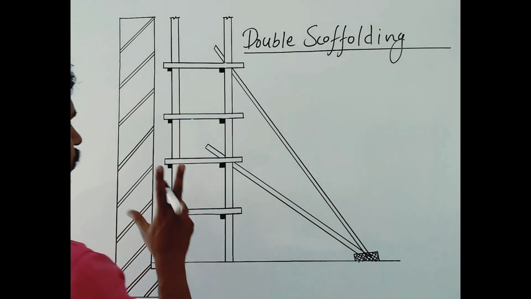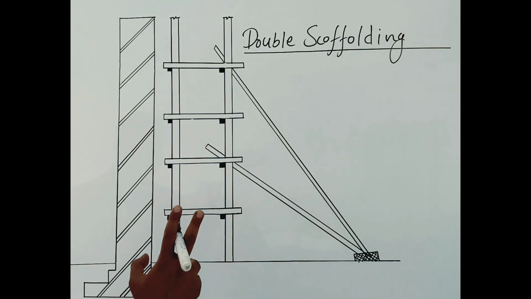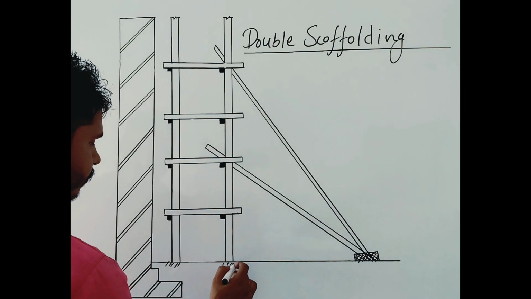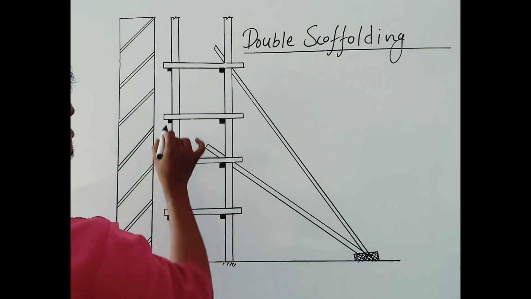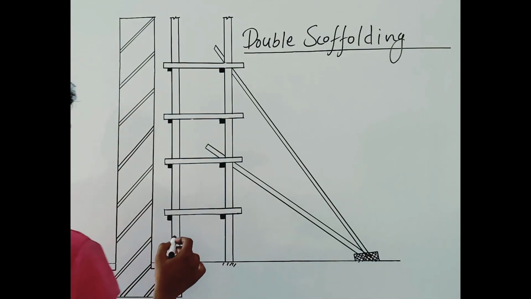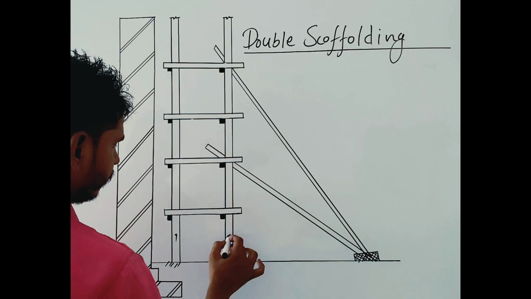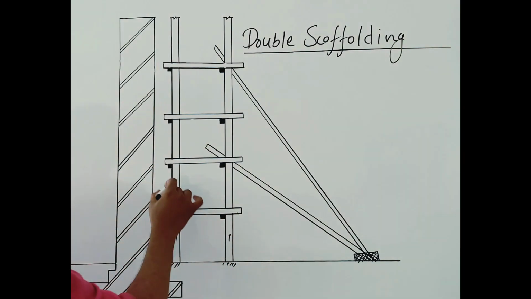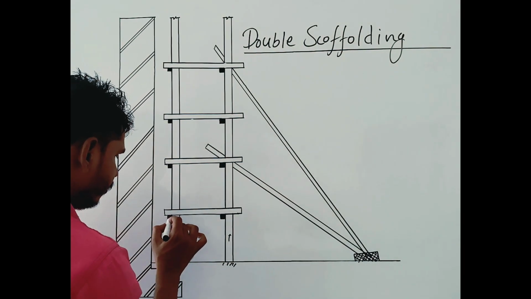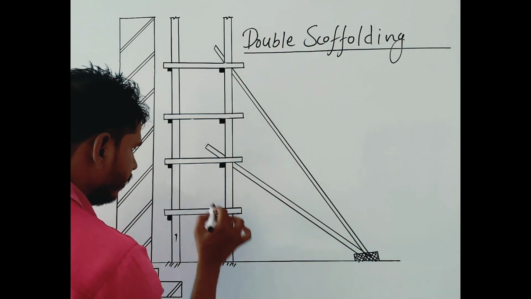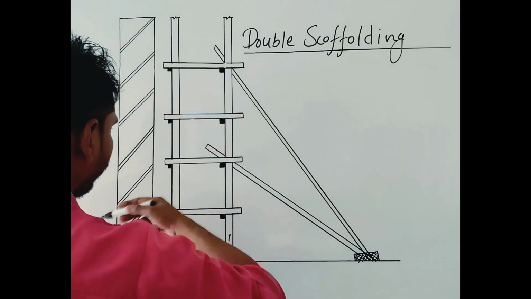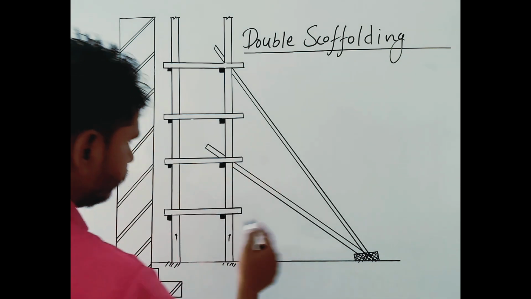Here we use two sets of standards and two sets of ledgers. You know that these vertical members are our standards, and this is our ledger, which is parallel to the wall, a horizontal member.